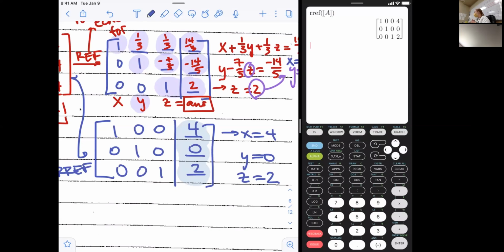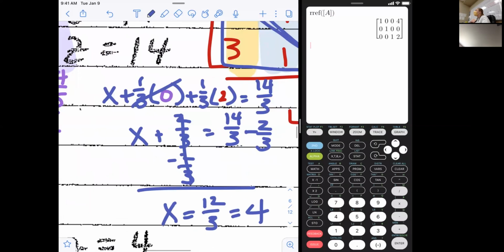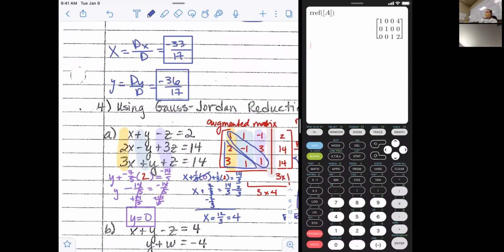Question? Yes. So I'll tell you which one. If I want the REF using Gauss-Jordan, I want this one.